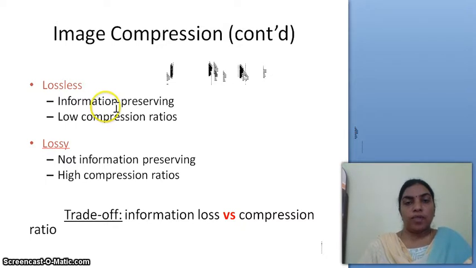If I reduce the number of bits per pixel, there is a chance to miss important information.